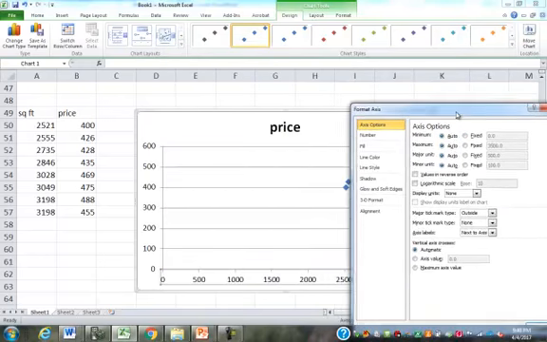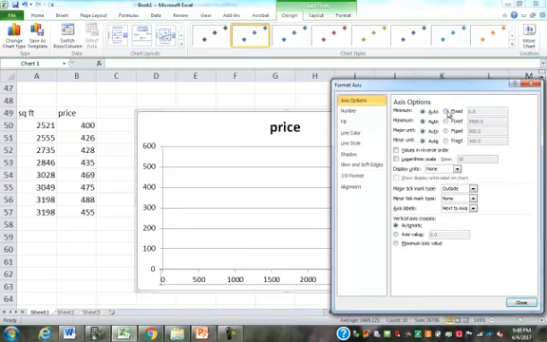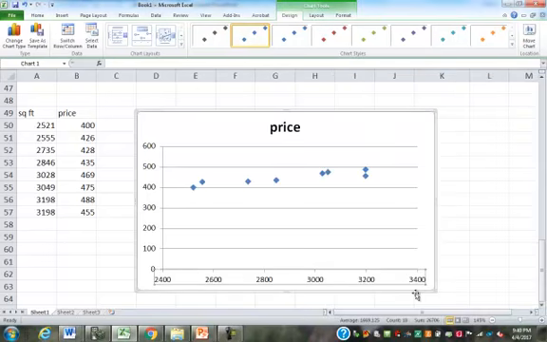Nothing below 2,400, it looks like. So I'm going to set my minimum to a fixed 2,400. And so that changes this axis here, so the data stays on the plot.